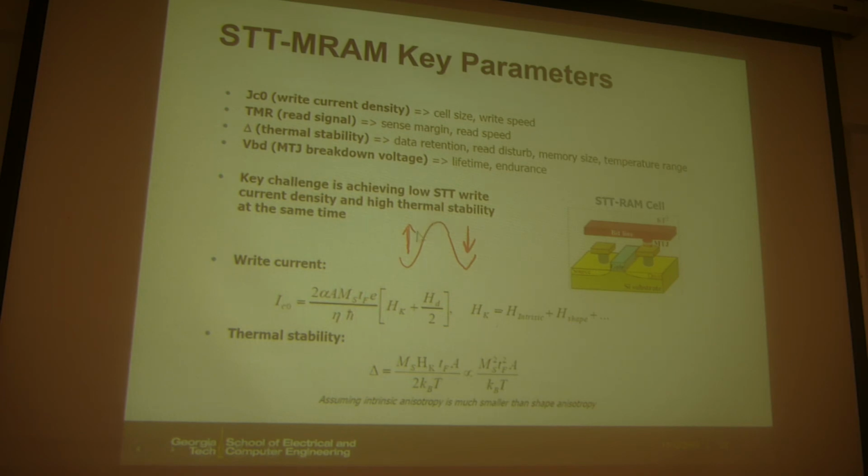But for the data retention, you don't want to change the state. So you want this barrier to be high for the data retention, for thermal stability, but you want the barrier to be low for efficient write operation. So essentially, this is a fundamental conflict.